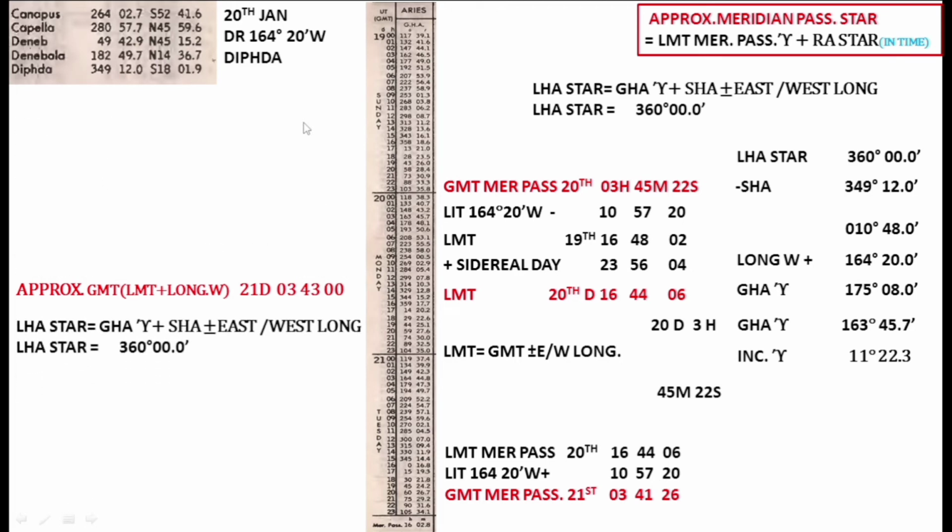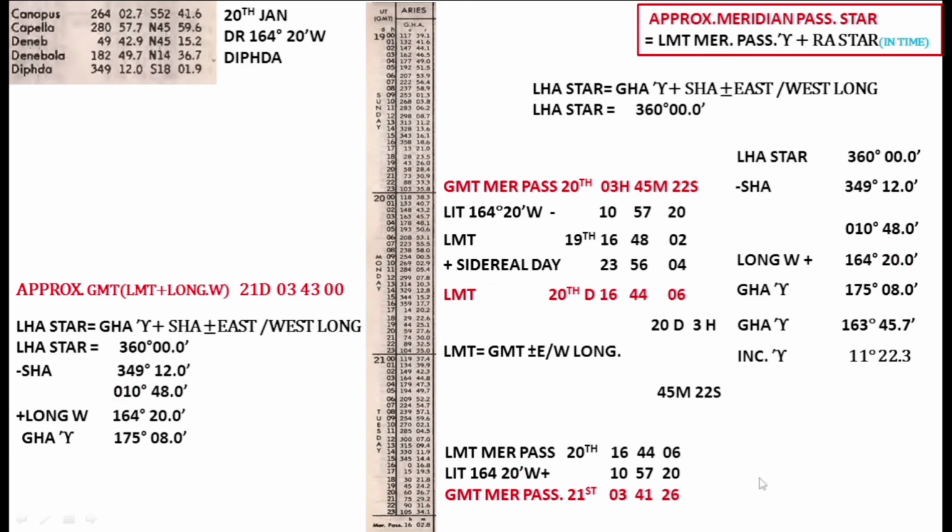Now this, as I said, we can even find out by looking at the almanac. We started off with LHA is 360 on that day. I use my SHA, and I use my longitude, and I get my GHA Aries. I've got my GHA Aries here, same as 175 here.